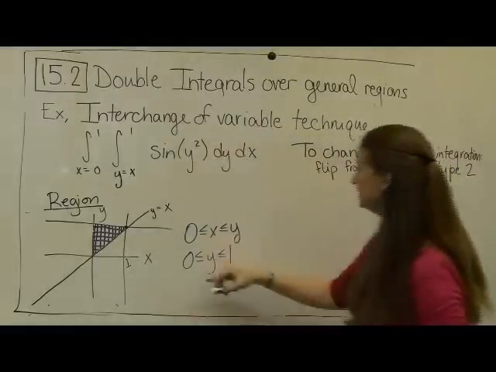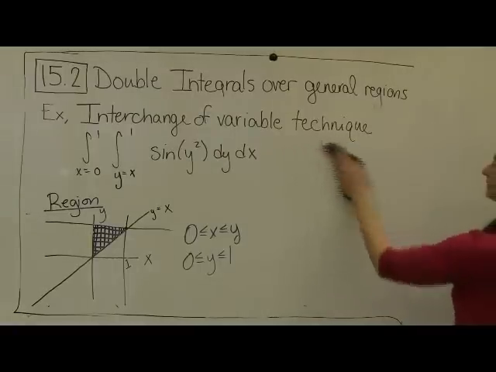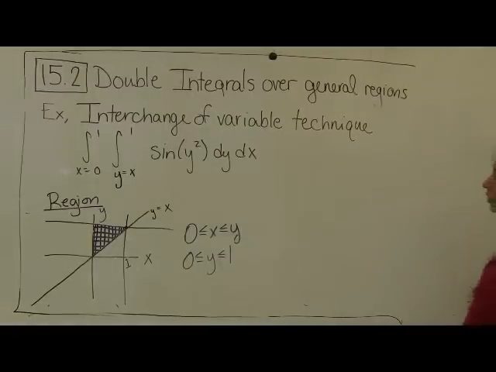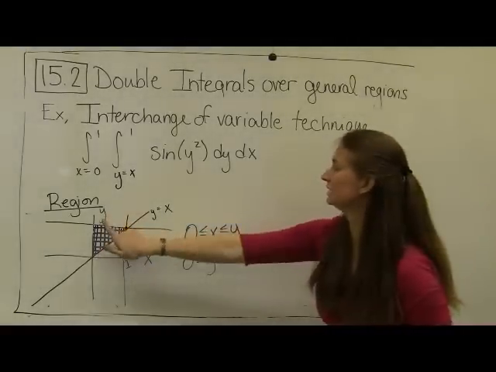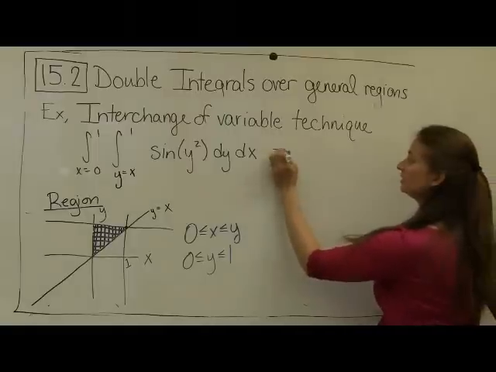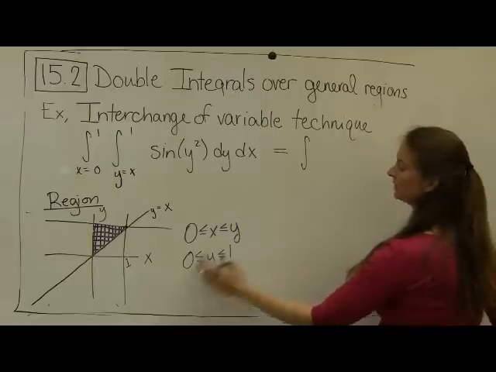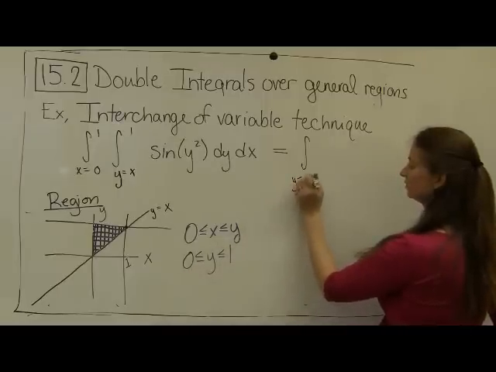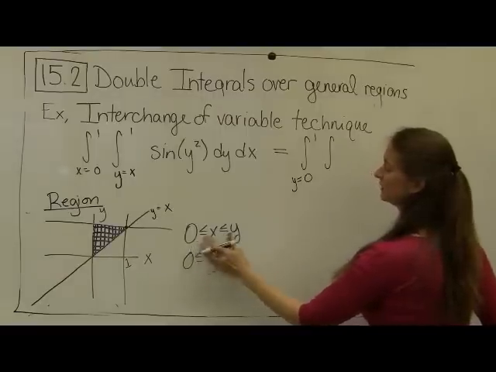But now that we've done this hard work drawing the picture, the rest of this ends up being pretty easy. So we just decided that we could change the order of integration by flipping from a type 1 region to a type 2 region. And it means that the outer bounds on our integral are going to be the constant bounds on the y. So y is going to go from 0 to 1. The inner bounds are going to be the bounds on the x.